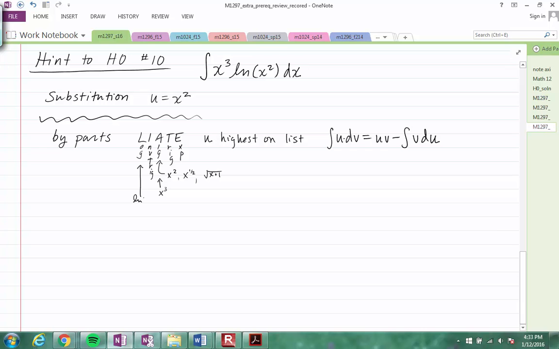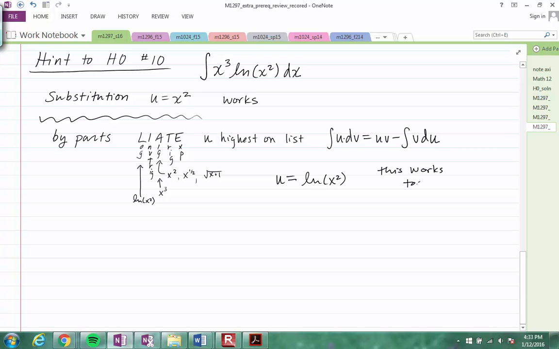So for your u in the by parts method, you would choose ln of x squared. That's kind of unconventional, but this works. I'm not going to do the whole problem for you.